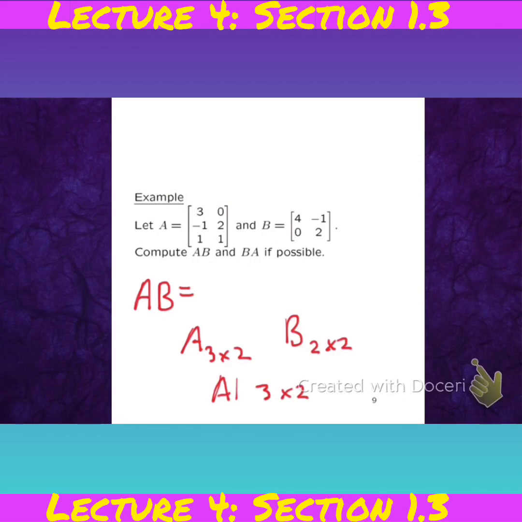You do that by cancelling the number of columns of A against the number of rows of B, and the two indices that remain form your size. The first corresponds to your number of rows, and the second to your number of columns. Having established the size of the matrix A times B, we can now go and calculate it. So it's a 3 by 2 matrix.